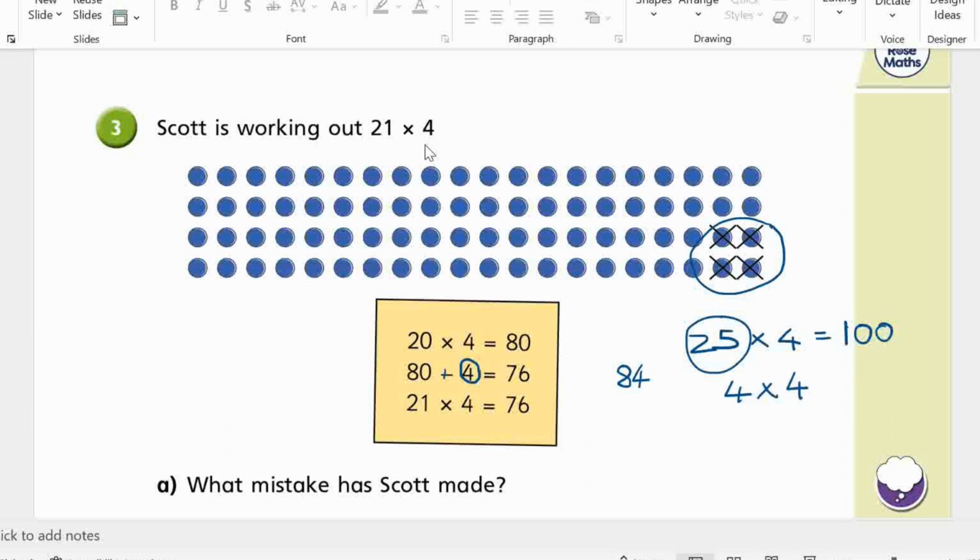What is 4 times 4? 16, good. So then you need to do 100 take 16. This method isn't very efficient, as you can see. What's 100 take 10? 90. What's 90 take away 6? 84. So you take away if you multiply by a number which is too large, but if the number is too small, as in this case when it's 20, you need to add the missing number.